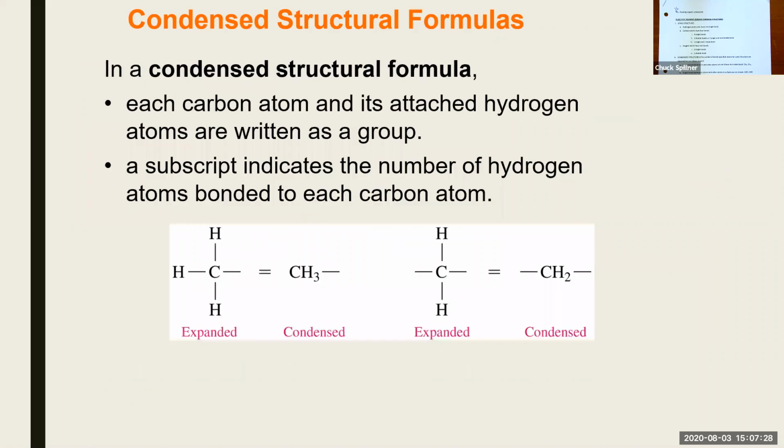In condensed structural formulas, sometimes they're called the expanded instead of the Lewis. So the expanded CH3 is shown on the left, and then the condensed CH3 and condensed CH2. But there is a shortcut. Let me see if we show that.